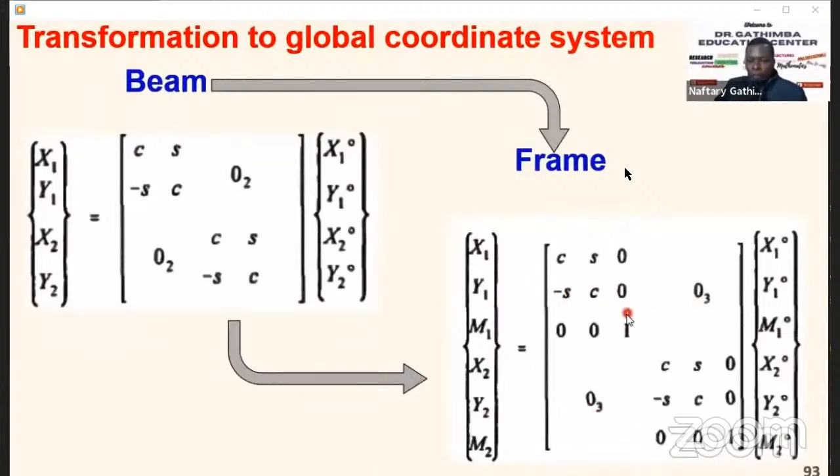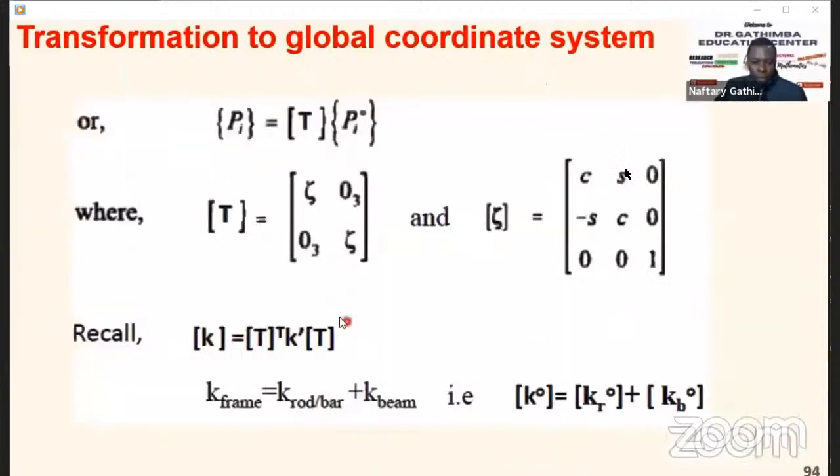This is the transformation matrix. You can just do this multiplication here. Pre-multiply by the transpose of the transformation matrix times the K, where K for the overall frame is the one that we have said includes the beam element and the truss or the bar element, and then you multiply by the transformation matrix.